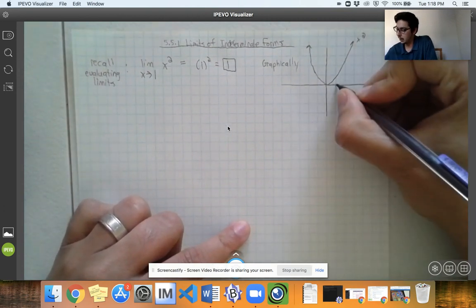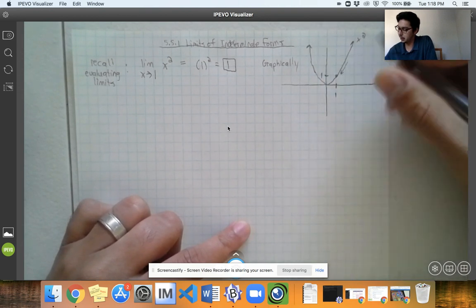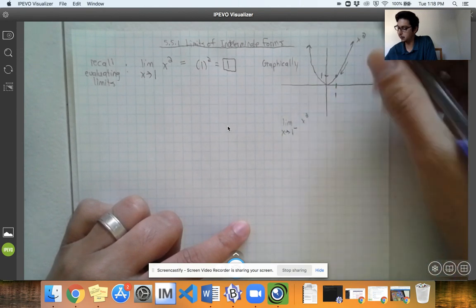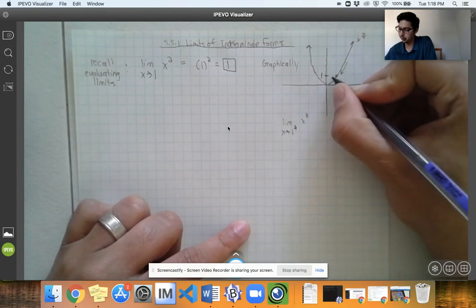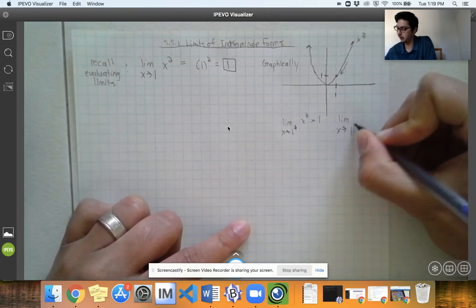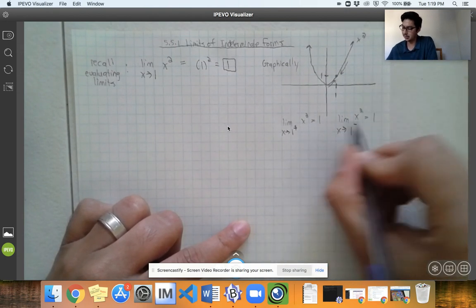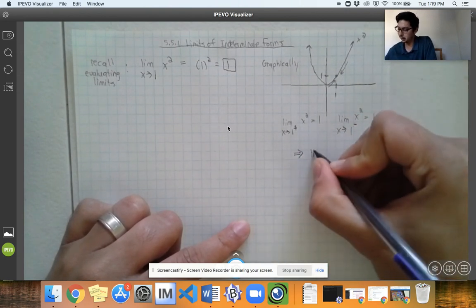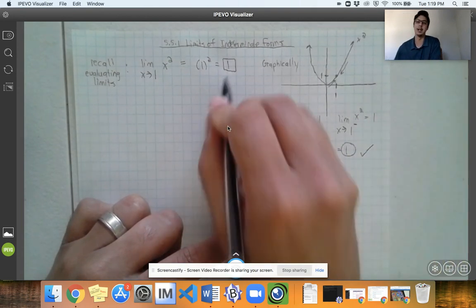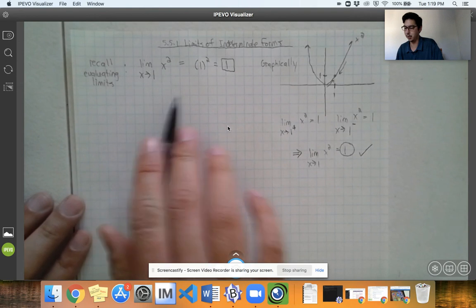If we're evaluating at 1, and we know that it's at the point (1, 1), we would say that the limit as x approaches 1 from the right of x squared is equal to 1. The limit as x approaches 1 from the left of x squared is also approaching 1. Since these are the same, that implies that the limit as x approaches 1 is equal to 1, which is the same thing we got by just plugging it in. That was evaluating limits, both algebraically and with a graph.